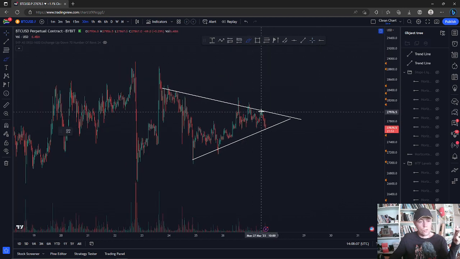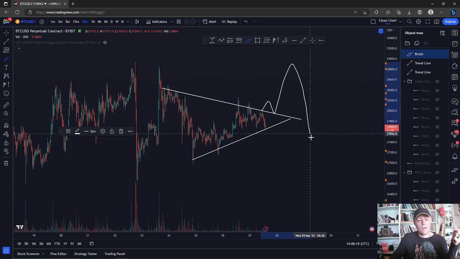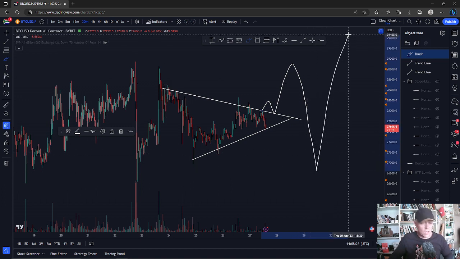Let's turn off this magnet tool. They break out above this point, take a long, and actually it's a swing failure pattern happening. They get stopped, they get a reversal here. They think, oh, it's going to go my way, and their stops get taken out and price reverses in the way that they want to go.